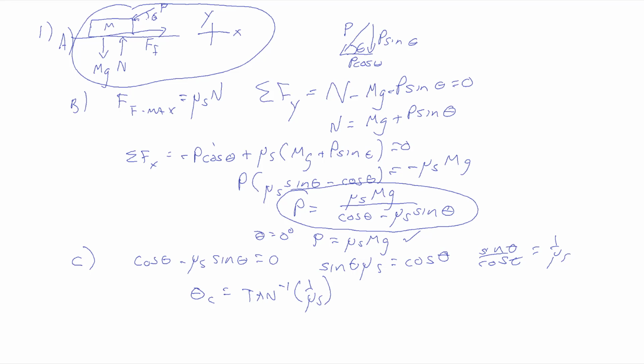So given the static coefficient of friction mu s, take the reciprocal of that, the arc whose tangent, and that's an angle at which you cannot get the block to move if you push at that angle or something steeper. And that's problem number 1.